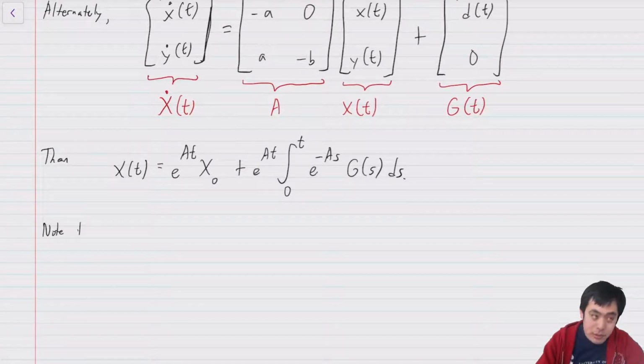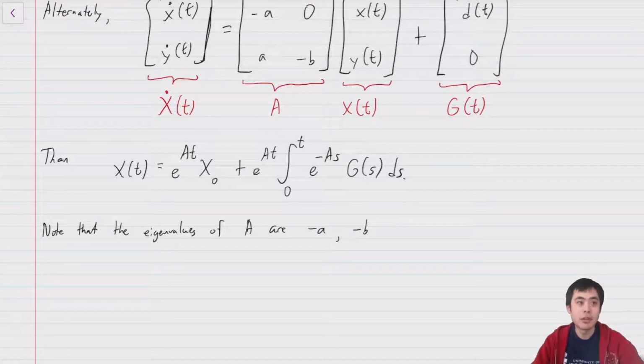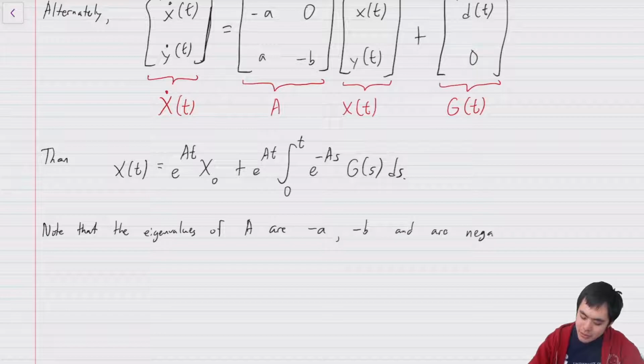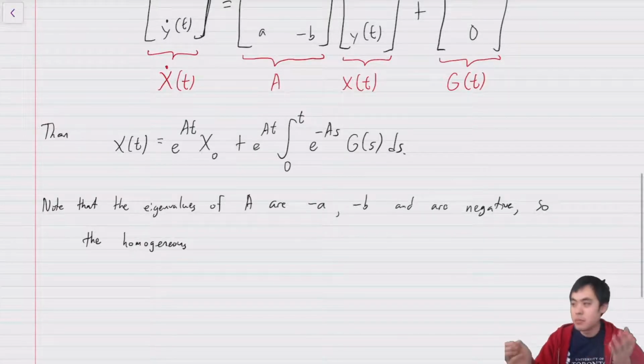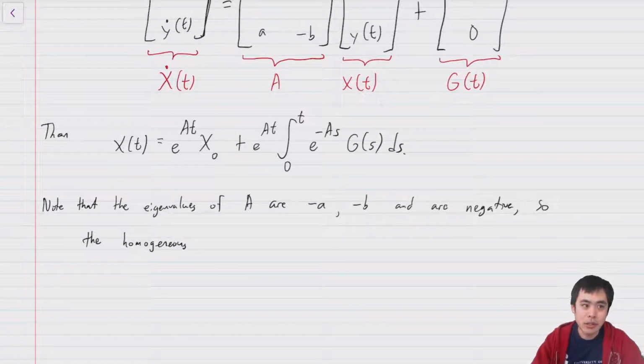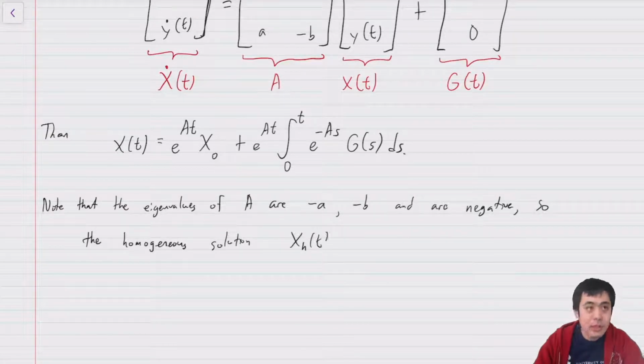And note that the eigenvalues of A are minus a and minus b, because it's lower triangular, and are negative, because we assume that a and b are positive. So we know that the homogeneous solution, without inputting any d of t, any drug, which is just, let's call it xh of t, is equal to e to the At times x naught.